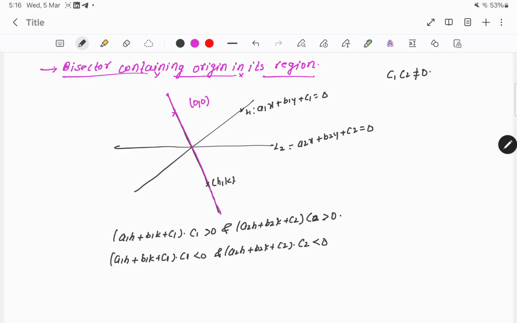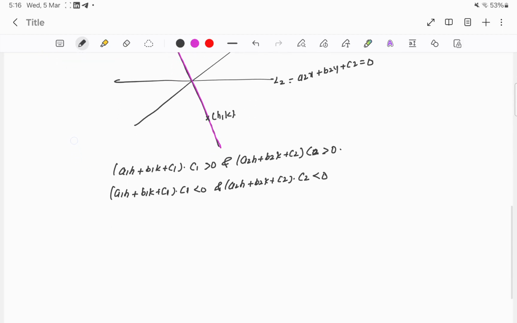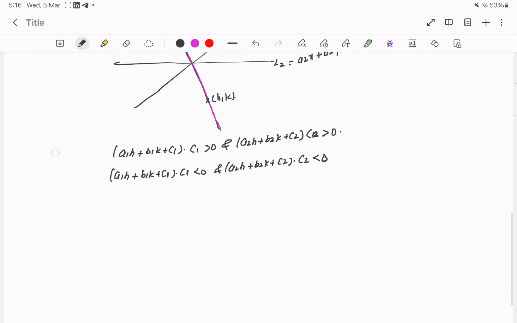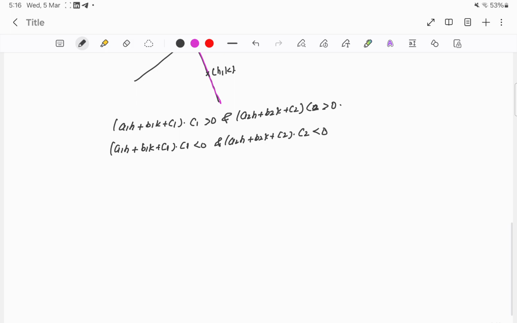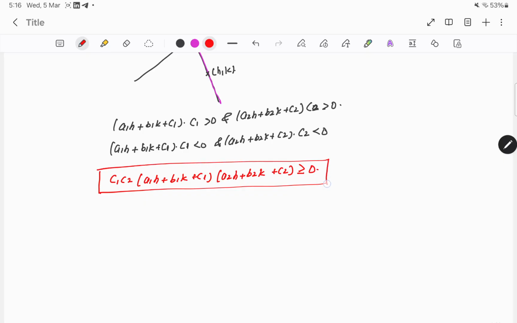Because with respect to these two lines, both points are on opposite sides. So the product is less than 0. Now I am going to conclude one thing: c1 c2 (a1h plus b1k plus c1)(a2h plus b2k plus c2) is greater than or equal to 0.